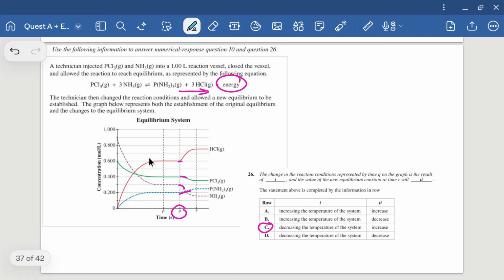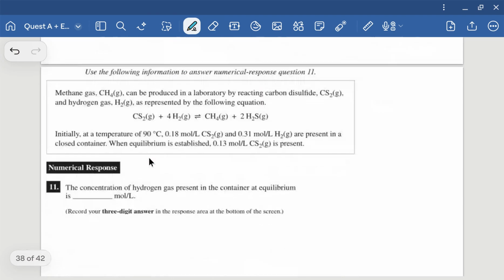And if you're getting more product, Kc has to increase. I can tell we're decreasing because if you take a look at your HCl, it's increasing, so this is going up. Your other compound that's more complicated is going up, and the other two are going down, so that's being used up. You're shifting to the right.